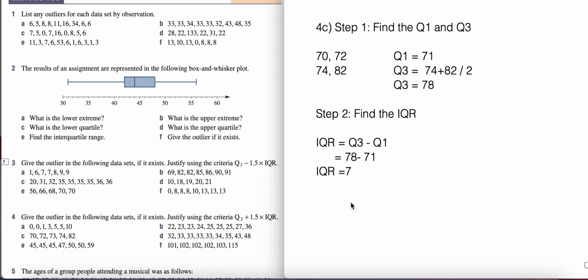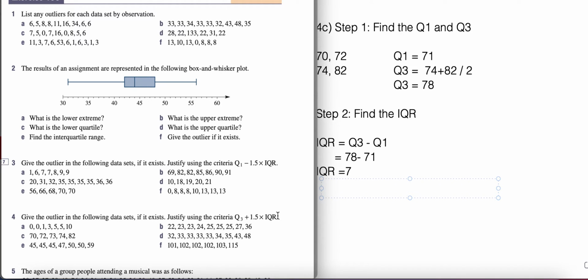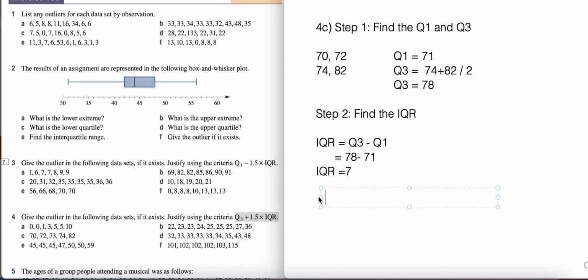Alright. Now, for our last step, we need to use the criteria to figure out if there's an outlier. So I'm just going to copy that. So step 3 is to substitute into the criteria. And our criteria is this.